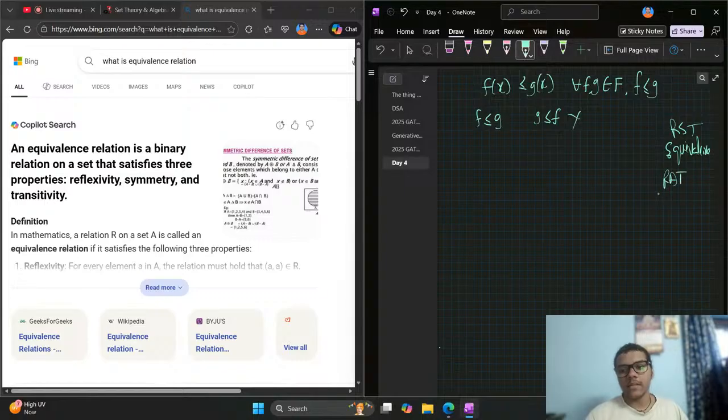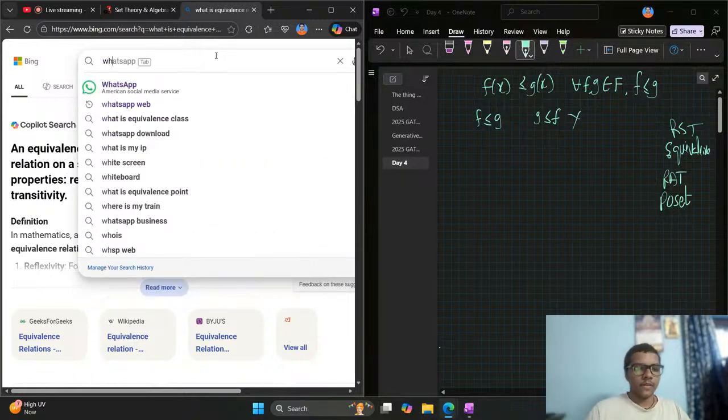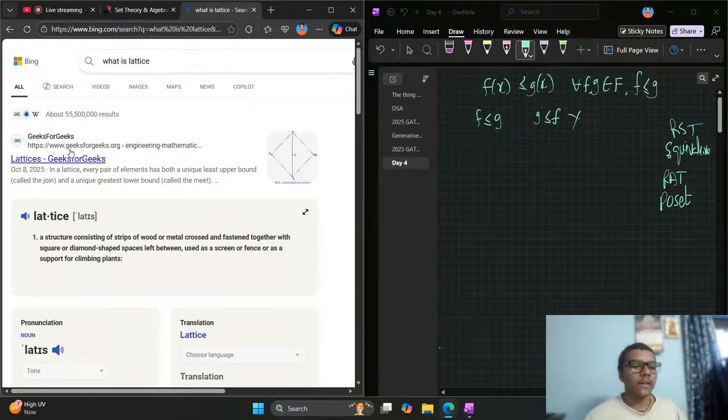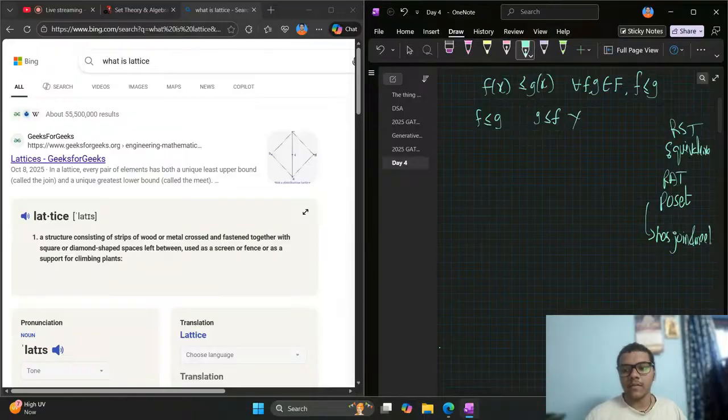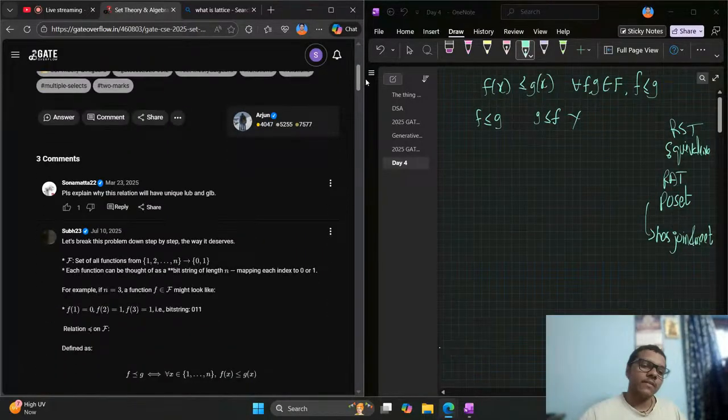Reflexive, antisymmetric, transitive is partial order relation. What is a lattice? Greatest lower bound and least upper bound, as meet and join. If it is a lattice, there are GLB and LUB. Alright. Is it a lattice?